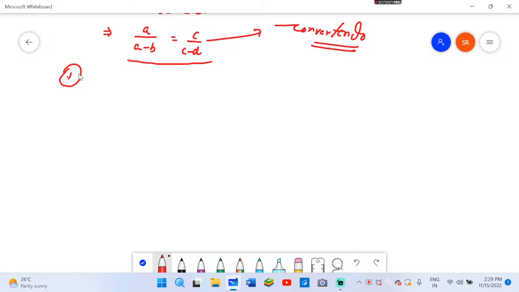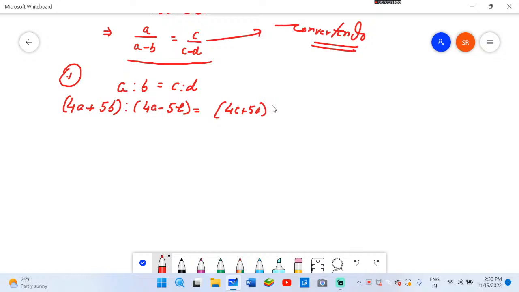First, we take given A is to B is equal to C is to D. Show that 4A plus 5B is to 4A minus 5B equal to 4C plus 5D is to 4C minus 5D.